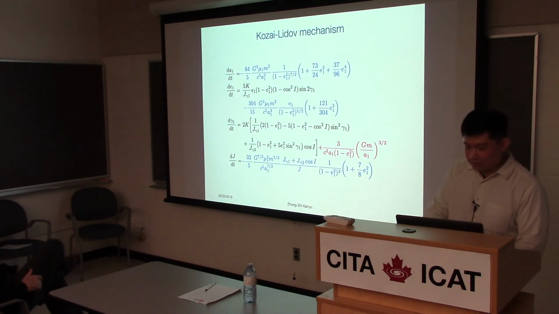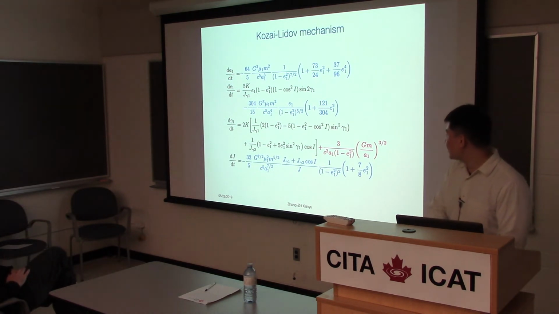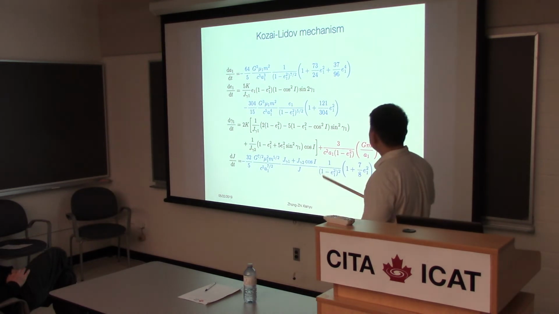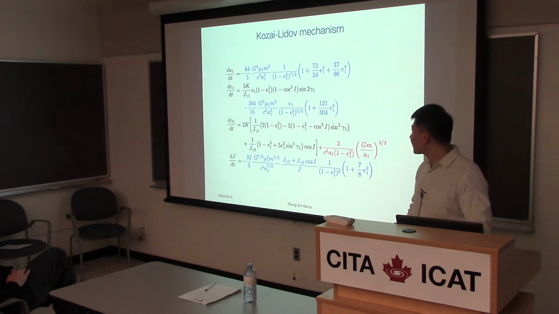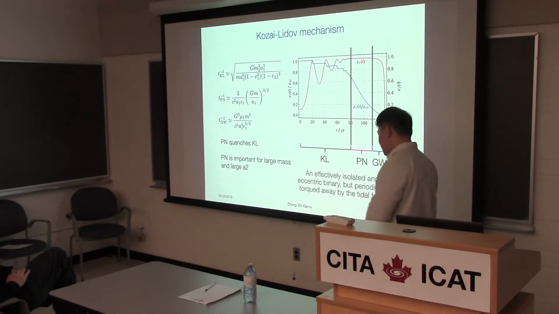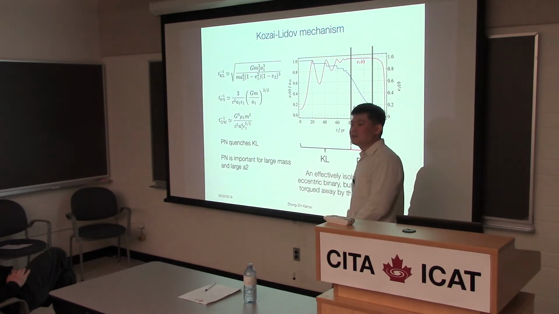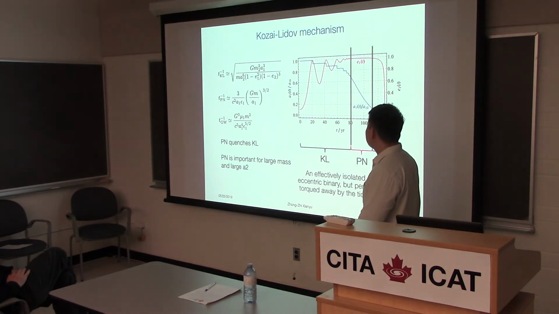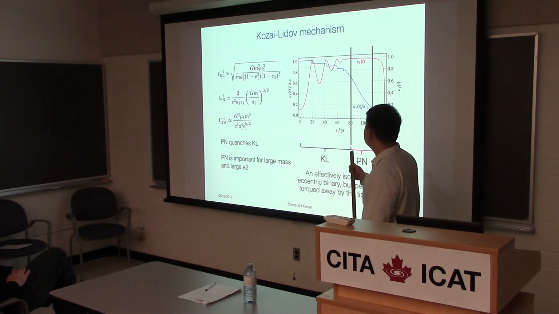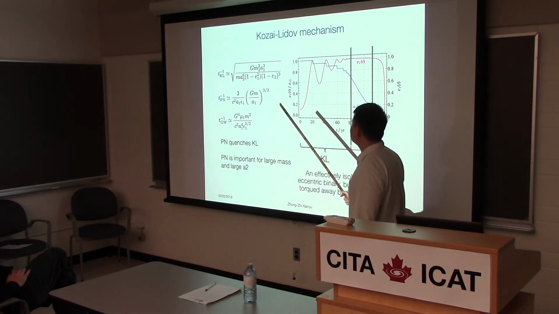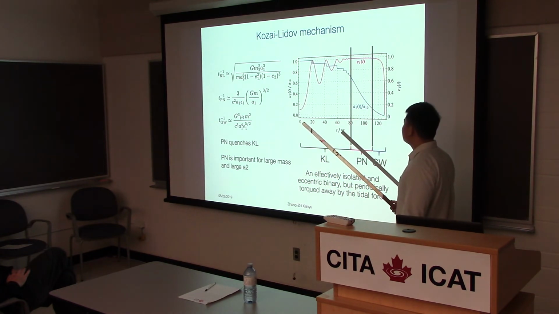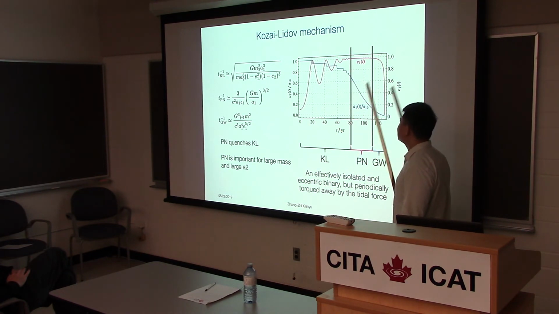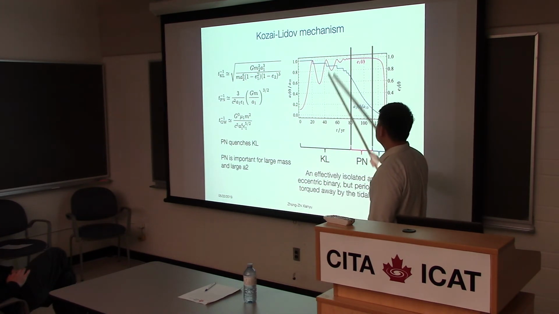A simple way to look at this equation is to realize that the three colors actually correspond to three very different time scales. At early time, the GR post-Newtonian terms are not important at all, so everything is dominated by Newtonian dynamics, by the Kozai-Lidov effect. So the Kozai-Lidov time scale is always the shortest. If I plot the orbital separation as a function of time, I will see oscillations in early time.